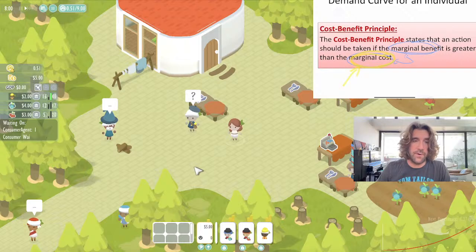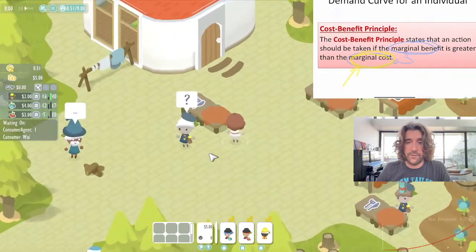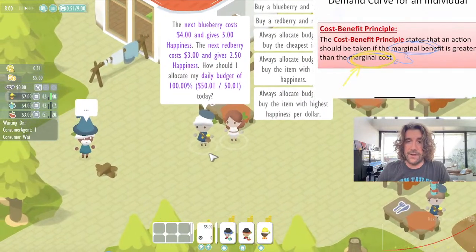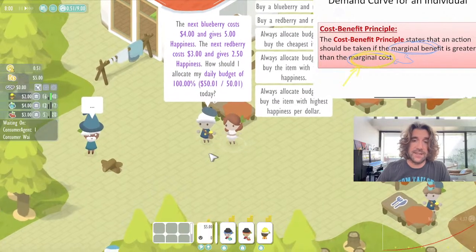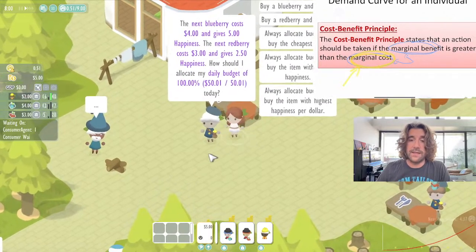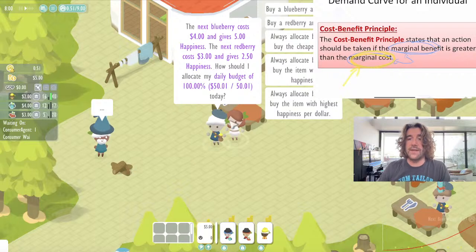How should you respond in an automated fashion to this change in price? For example, you could approach this dialogue by literally suggesting this consumer what to do in terms of their next consumption decision. They're going to tell you the next blueberry costs $4 and gives 5 happiness, the next red berry costs $3 and gives 2.5 happiness. What should I do with my budget, which is roughly $50?